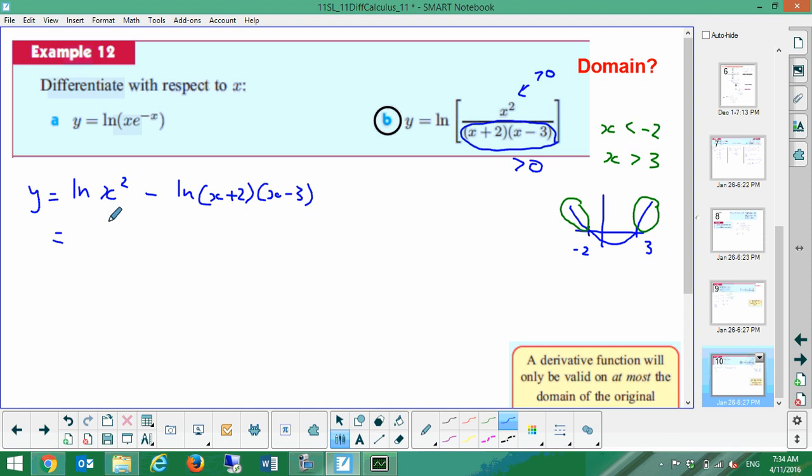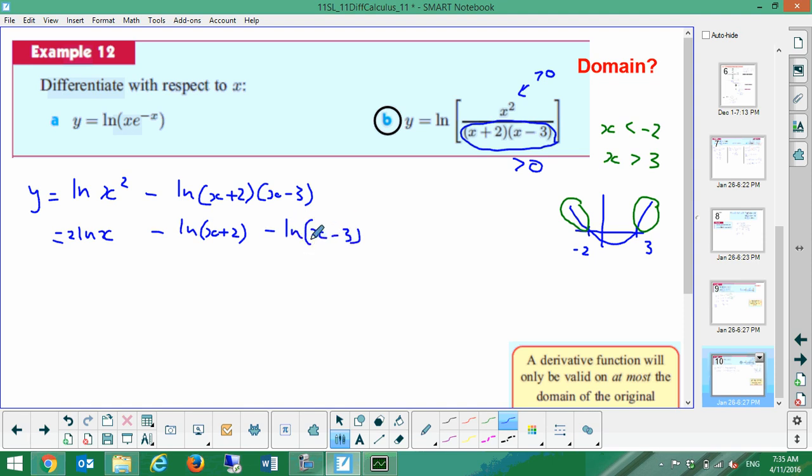Now let's split that further. So let's bring the 2 down the front for that. We're going to go minus ln of (x plus 2) minus, because the minus belongs to both, ln of (x minus 3).